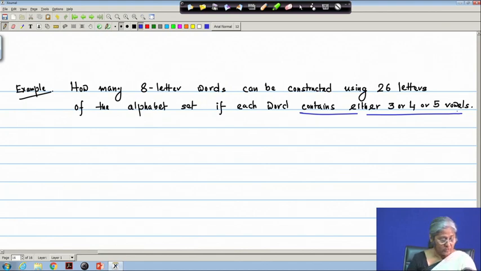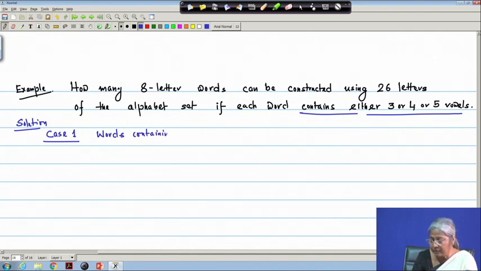So, first I consider the 3 vowel case. Case 1: words containing 3 vowels.